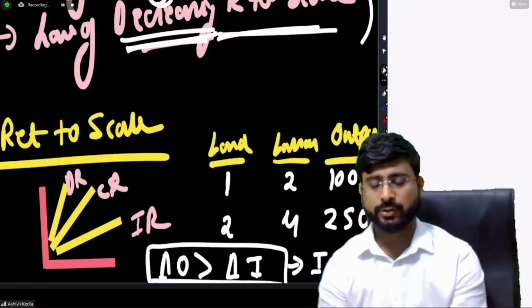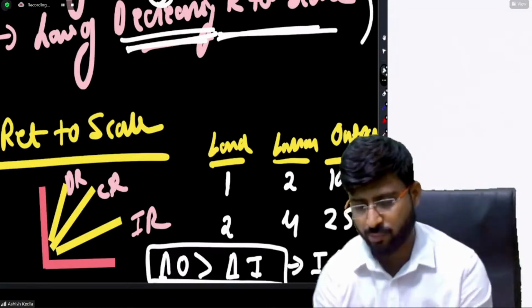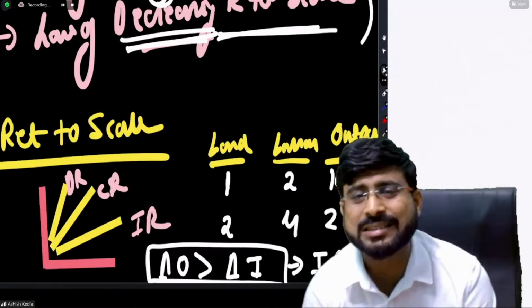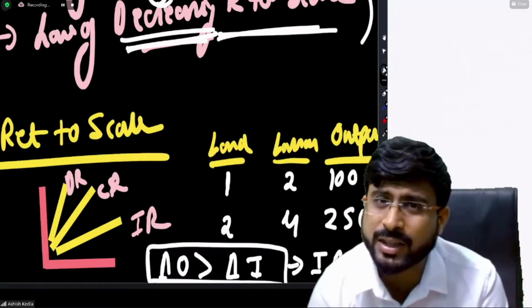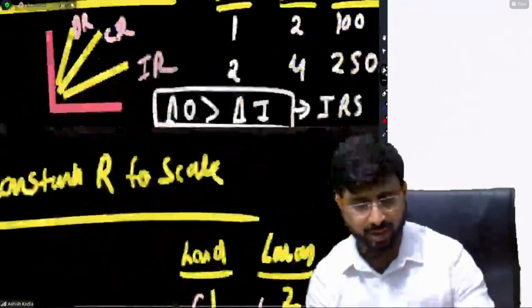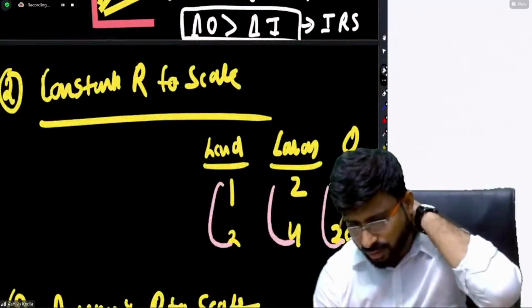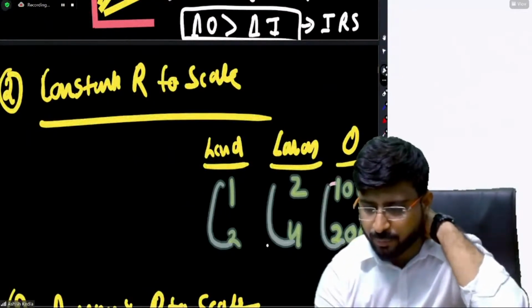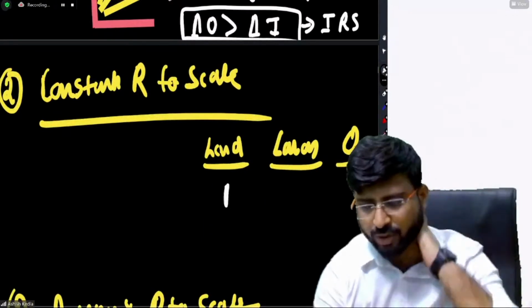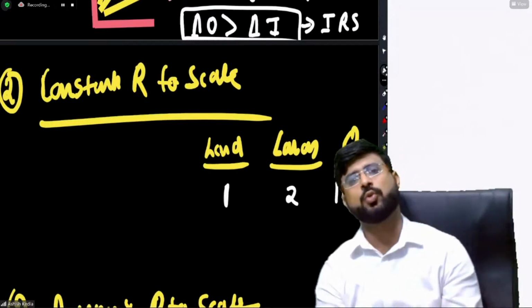Very good. So friends, when the change in output is more than the change in input, we call it increasing returns to scale. Got it, friends? Very good. Now, friends, we talk about constant returns to scale. So suppose 1 unit of land, 2 units of labor produce 100 units of output.